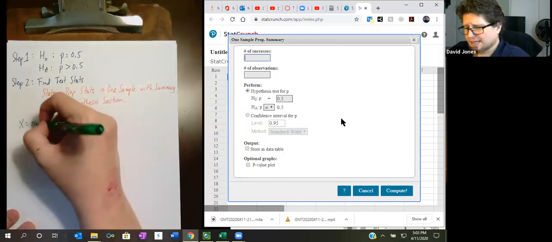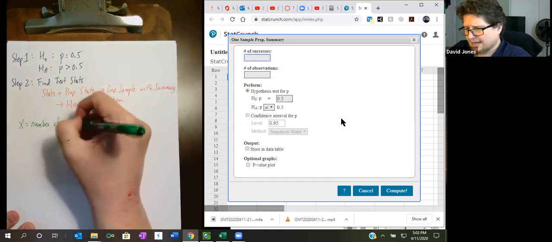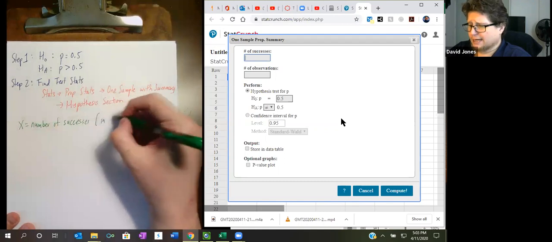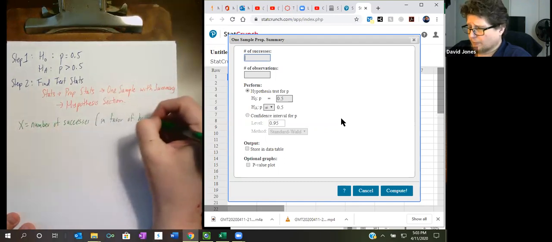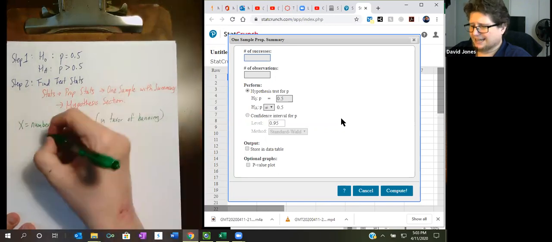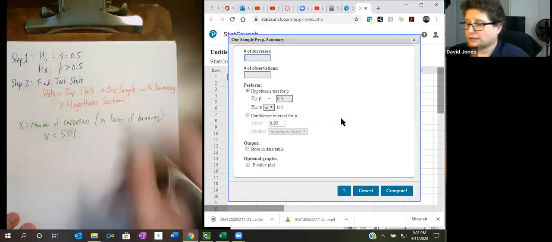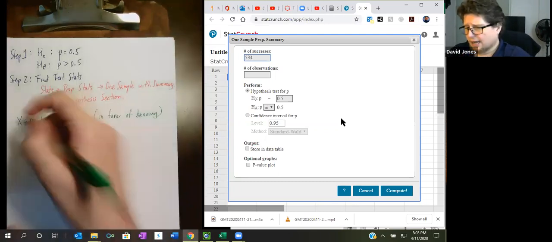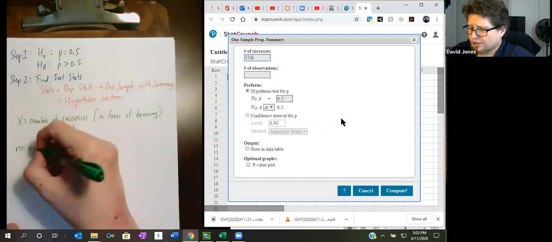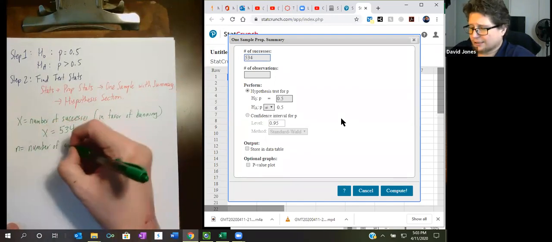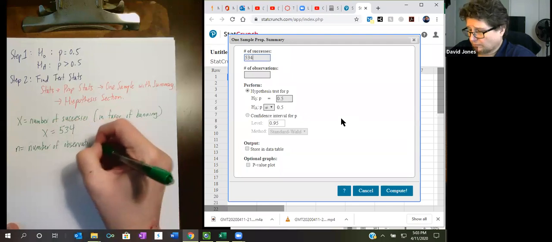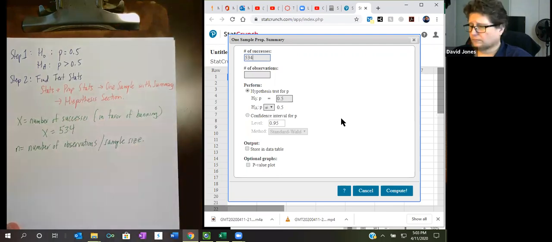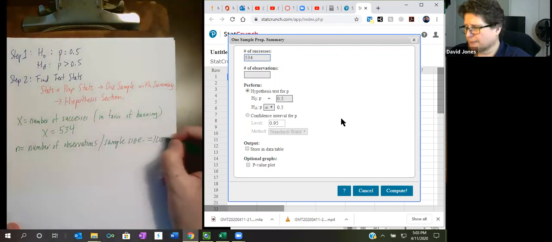X is the number of successes. In this case, he's trying to see who's in favor of banning. He gave us X was 534. N was our number of observations, or sample size. He surveyed 1,000 people.